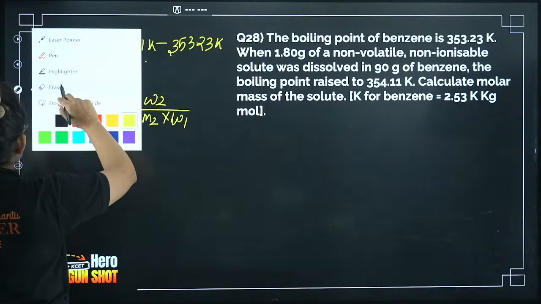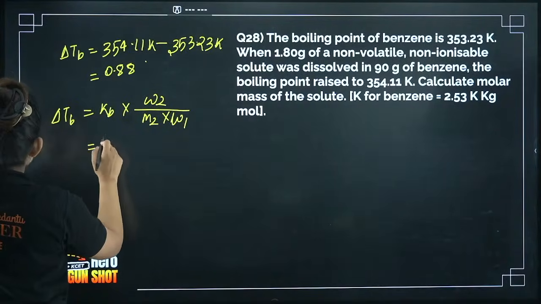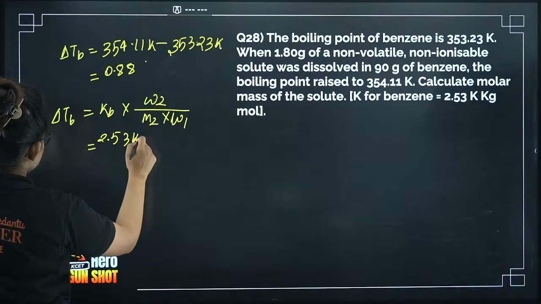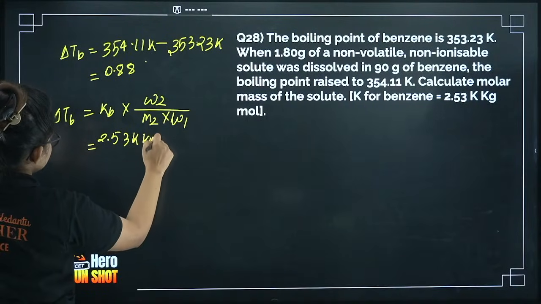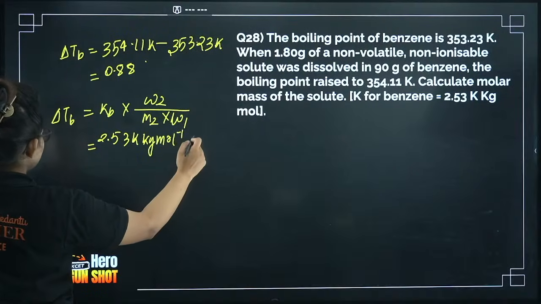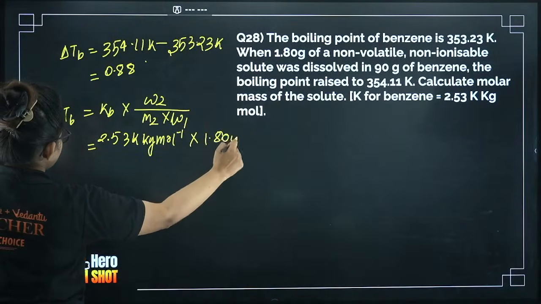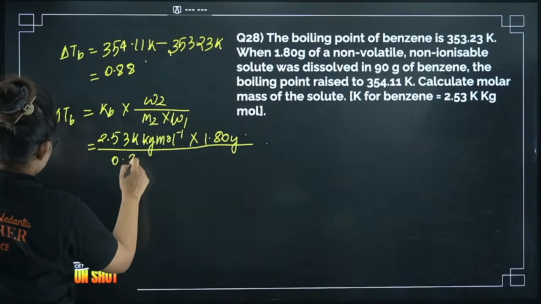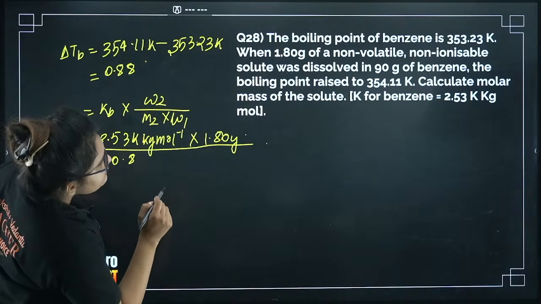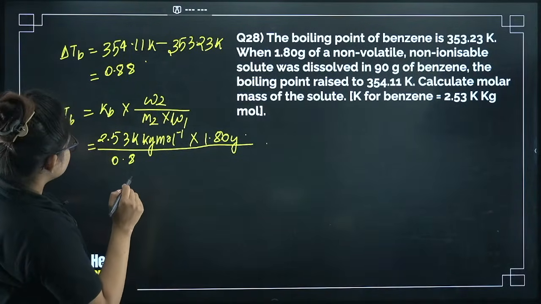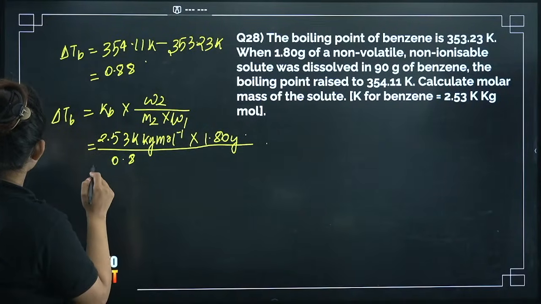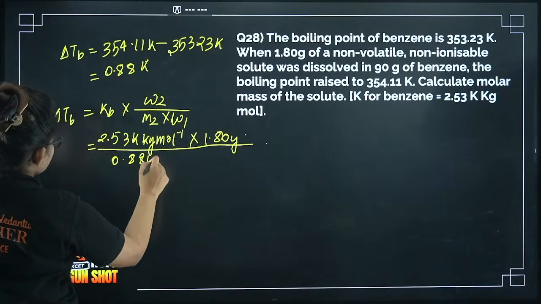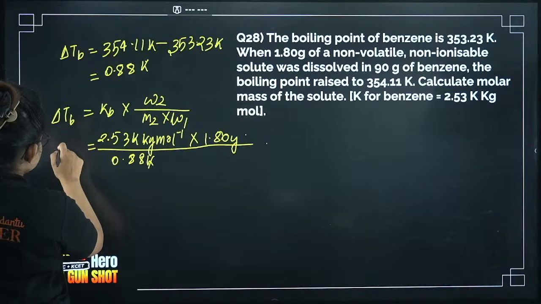Let's put the values here. So Kb is 2.53 Kelvin kg mole inverse, into 1.80 gram divided by M2, equals 0.88 Kelvin. We have to calculate M2.